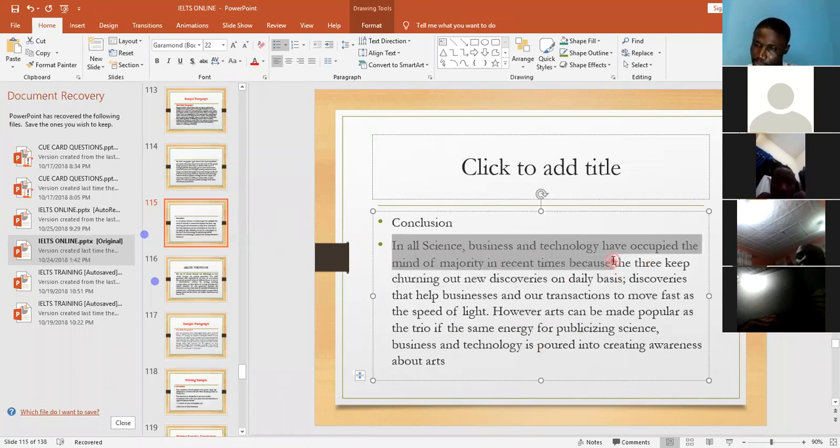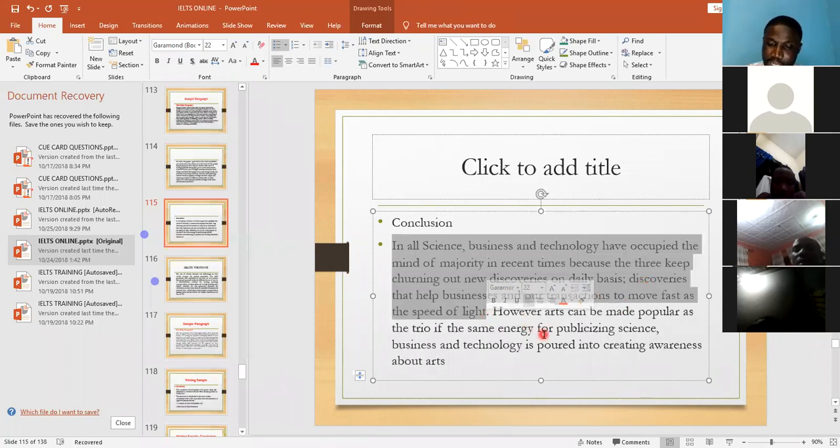I was able to match the question or the assignment task itself with one of the points raised. Because the three keep churning out discoveries on a daily basis, I then explain discoveries that help business and our transactions to move as fast as the speed of light. However, arts can be made popular as a trio if the same energy for publicizing science, business, and technology is poured into creating awareness about arts.